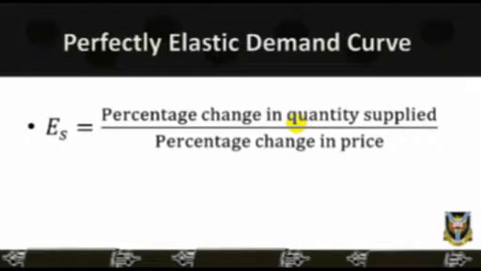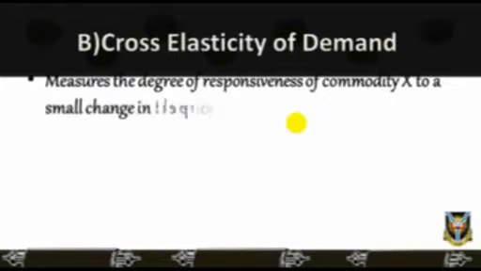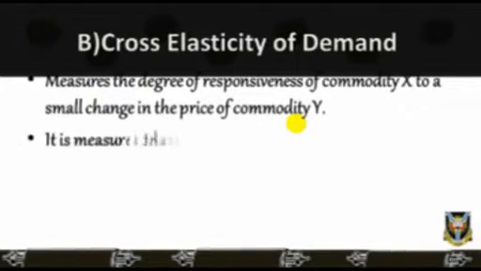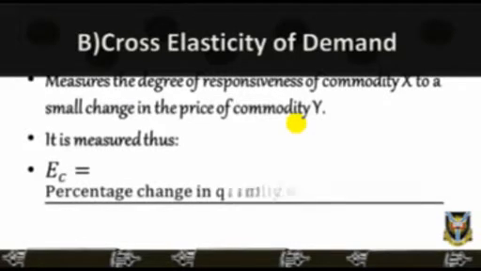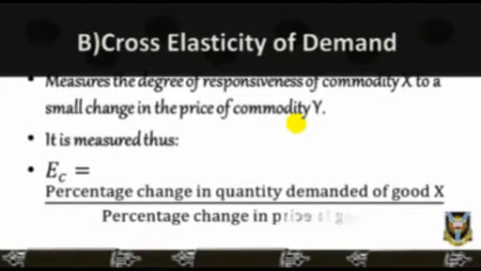B. Cross elasticity of demand. Cross elasticity of demand measures the degree of responsiveness of commodity X to a small change in the price of commodity Y. Most of the time, cross elasticity is measured between two commodities that are substitutes to one another or complementary.